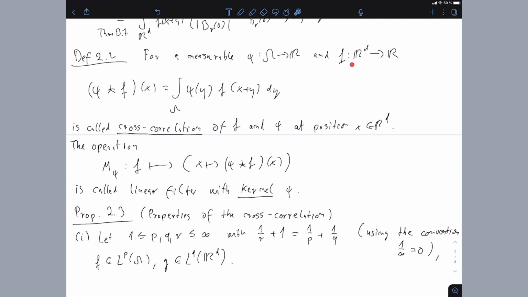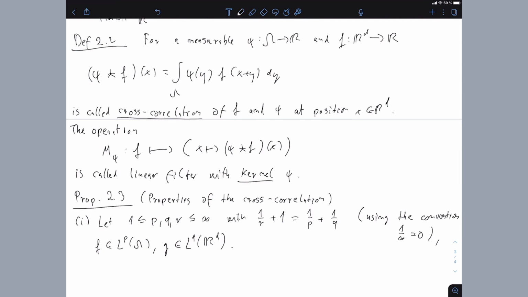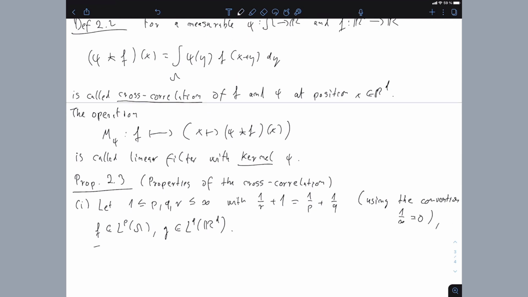So this f I want everywhere, and for psi it's fine if I only know it somewhere. For instance, for this mean value filter for the circle, it would be fine if omega is just a circle, just to keep things a little more general. And so if we have all that, then the correlation can be integrated with power r.